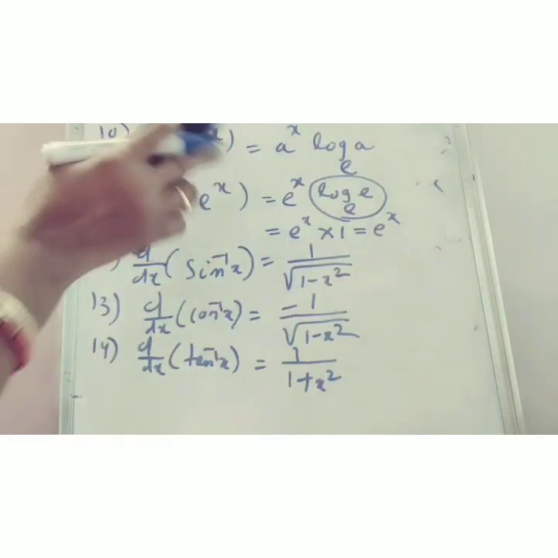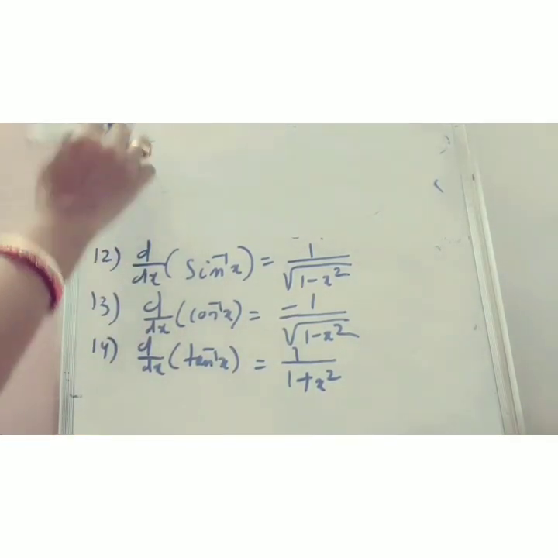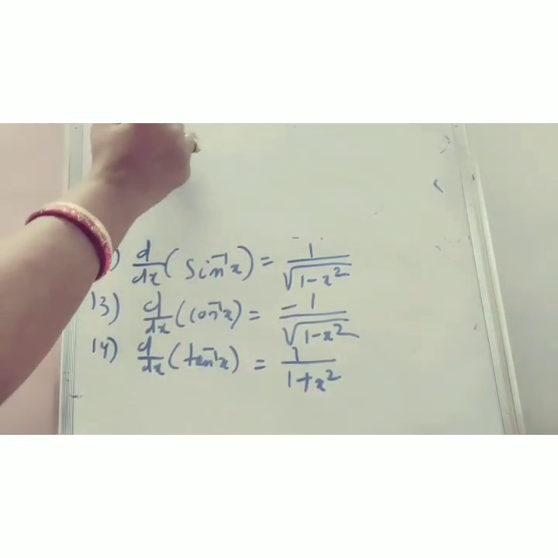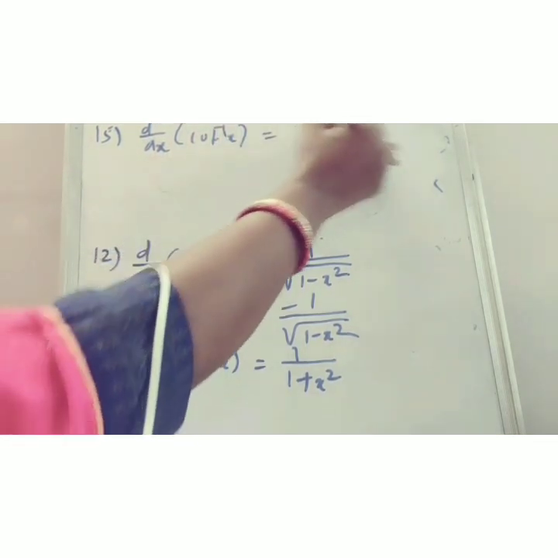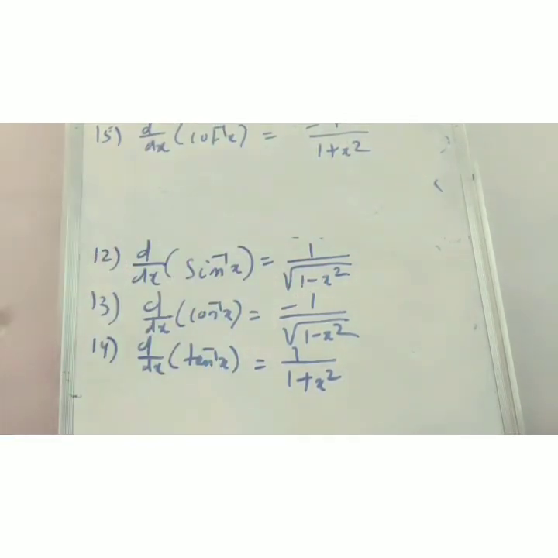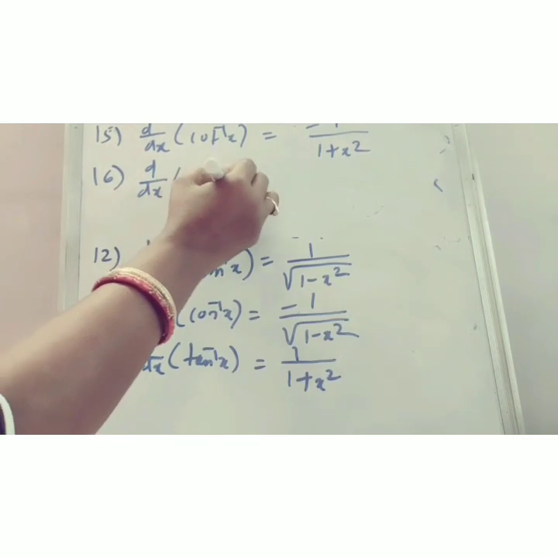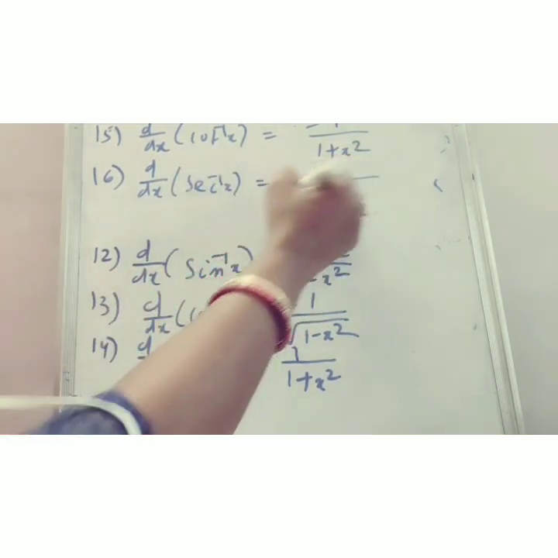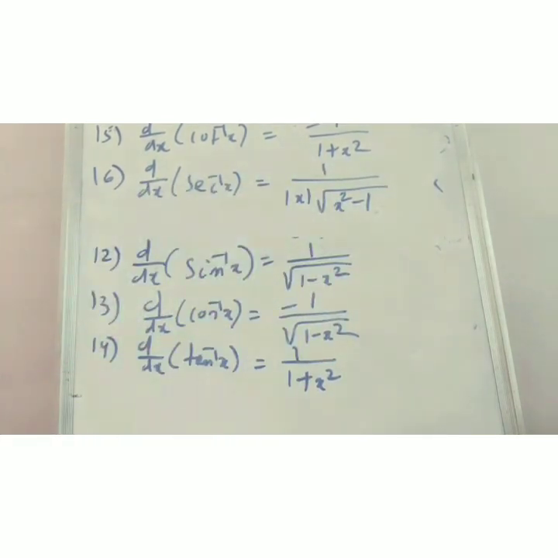Now, d by dx of cot inverse x is equal to minus 1 by 1 plus x square. Now, d by dx of sec inverse x is equal to 1 by mod x into root over of x square minus 1.